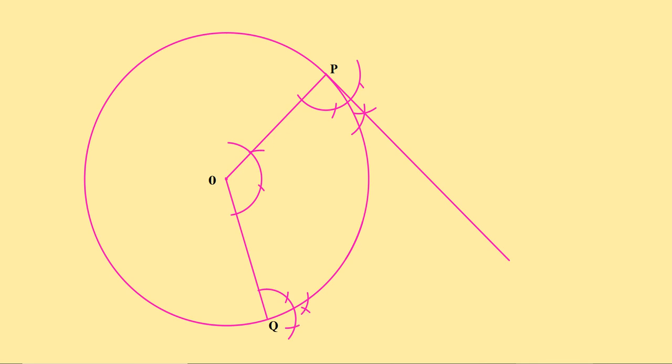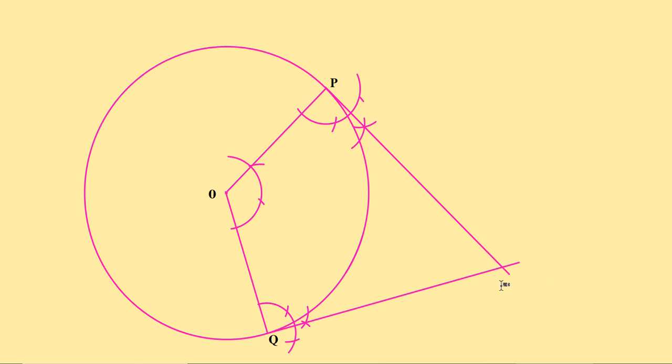Now join. Let this be the other tangent. Let both intersect at the point R.